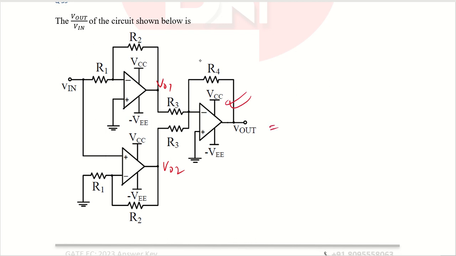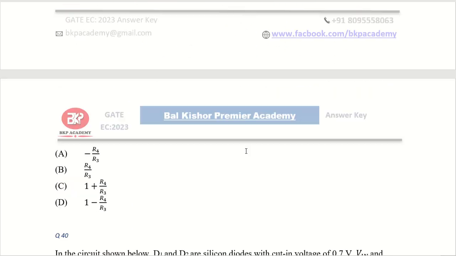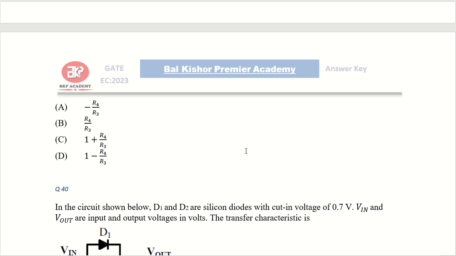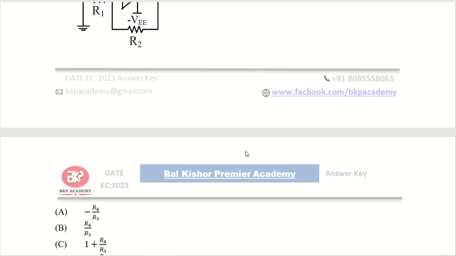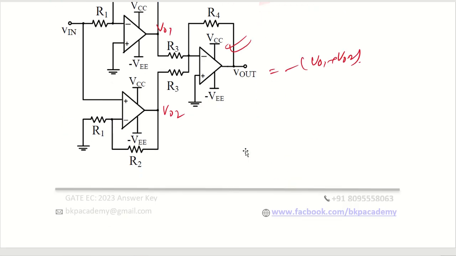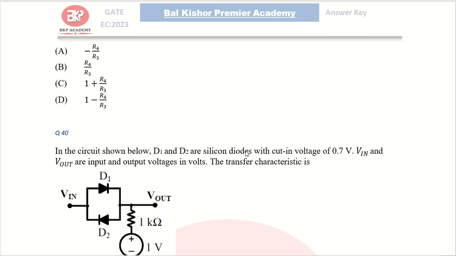So V out can be simply the negative of this VO1 plus VO2. So this is how you can find out. I have solved it in the detailed solution. So the answer that you will get for this particular question 39 is option A, minus R4 by R3.